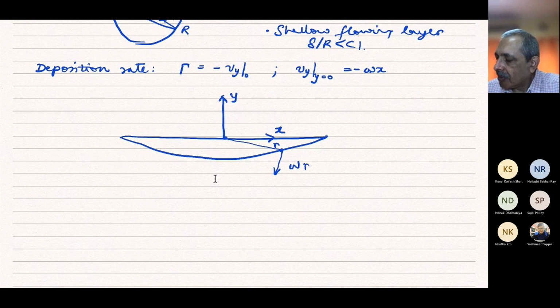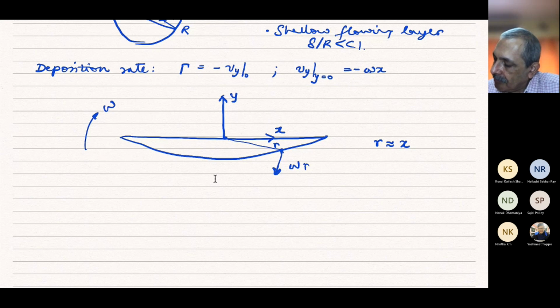So we can approximate r is approximately equal to x. I'm sorry, this is minus. This is omega times r. Omega is going this way. This is omega. So this is omega times r is the velocity going inside.